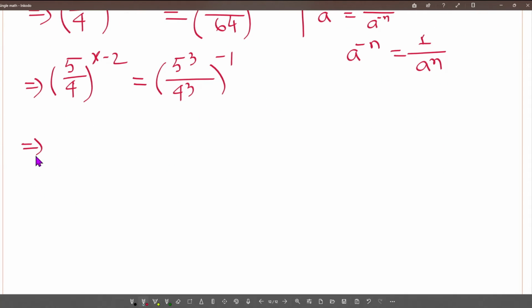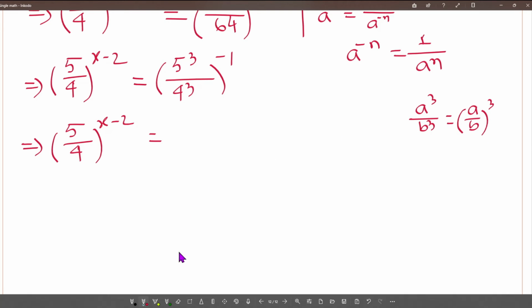Now we know a cube divided by b cube, we can write (a by b) whole cube. So (5 by 4) to the power 3 times minus 1.